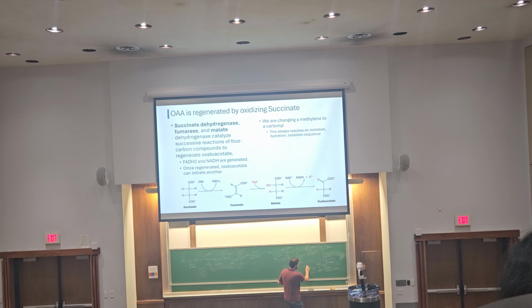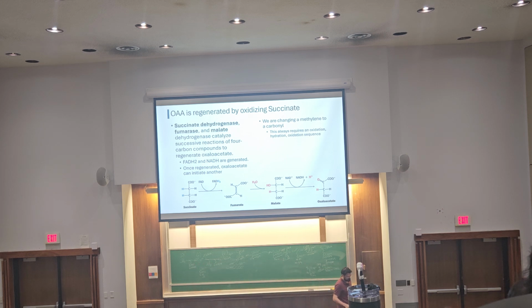So this leaves us with fumarate, right? And this leaves us with, I'm going to draw in the hydrogens here. And now, if we look at where we are, fumarate, and where we want to get to, oxaloacetate, right? Well, what's the difference? Well, all we're trying to do, really, is to convert this methylene group, CH2, into a carbonyl, C double bond O. And we're going to see this pattern a couple of other times this semester.